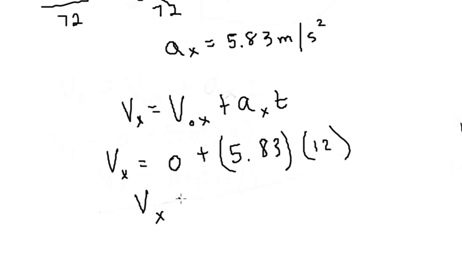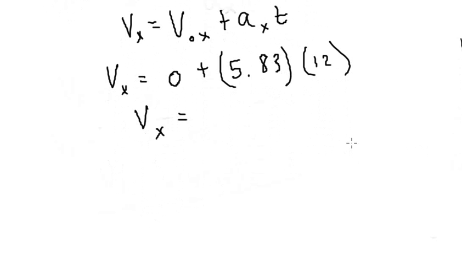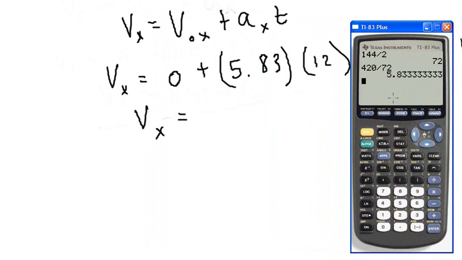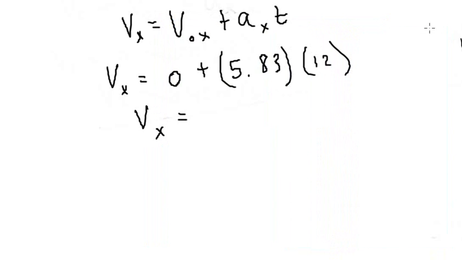So now we're going to figure out the final velocity of the plane. 5.83 times 12 is 69.96. So 69.96 meters per second is the final velocity of the plane.